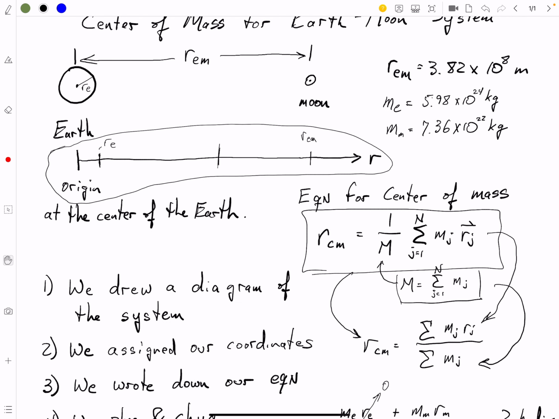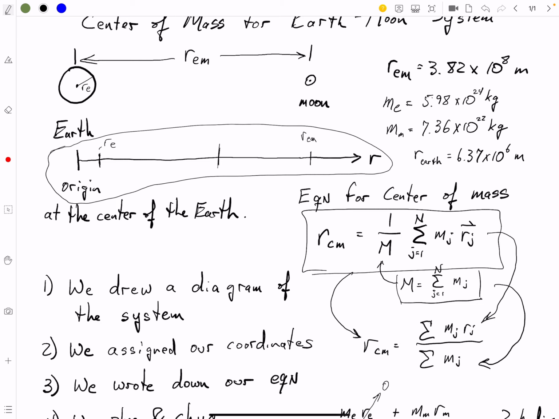And I just want to note one thing. The radius of the Earth. So let's write down what the radius of the Earth is. Radius Earth, that's equal to 6.37 times 10 to the 6 meters.